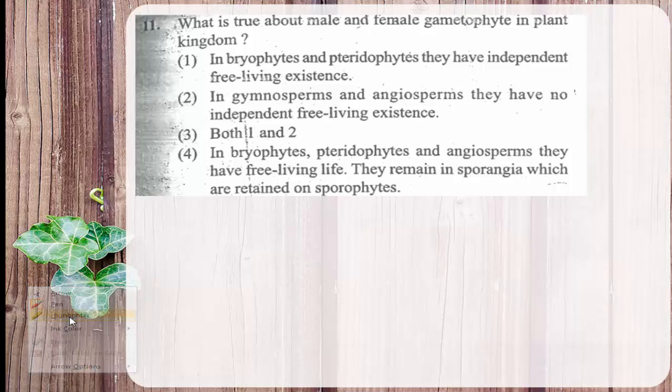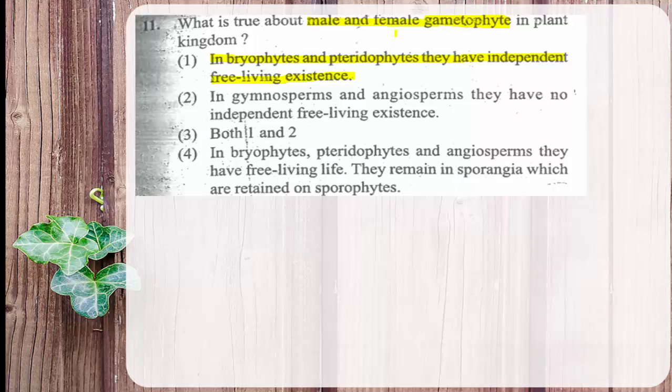bryophytes and pteridophytes, in case of bryophytes, the gametophyte is the dominant phase, whereas in case of pteridophytes, the sporophyte is the dominant phase. Which phase is dominant? Apart from that, in bryophytes and pteridophytes, they have independent free living existence.